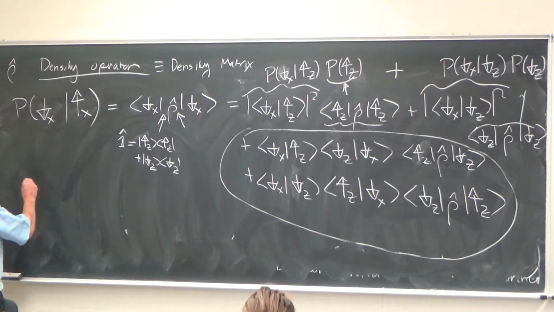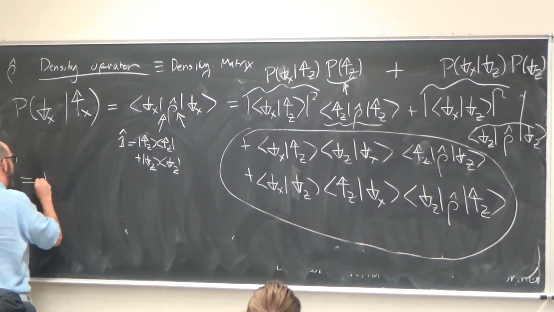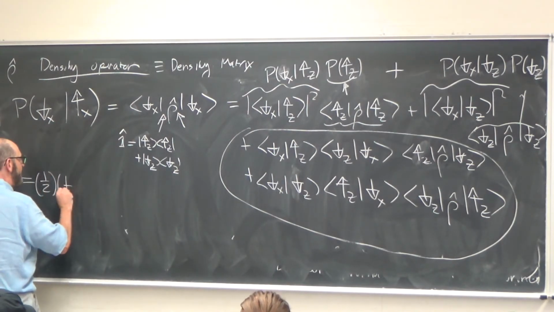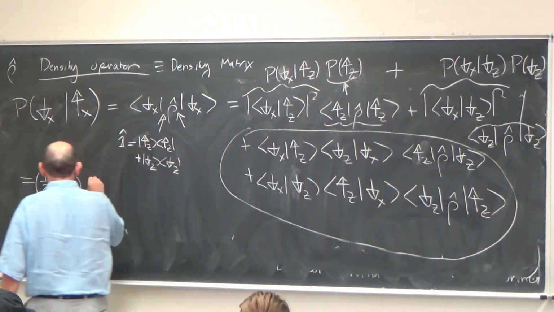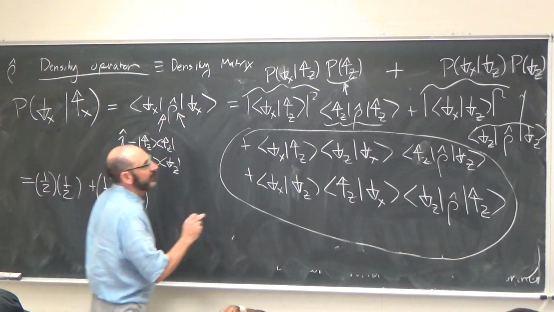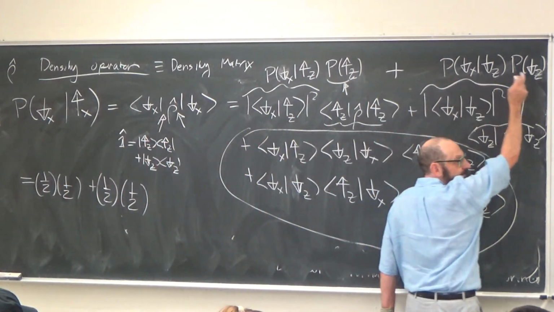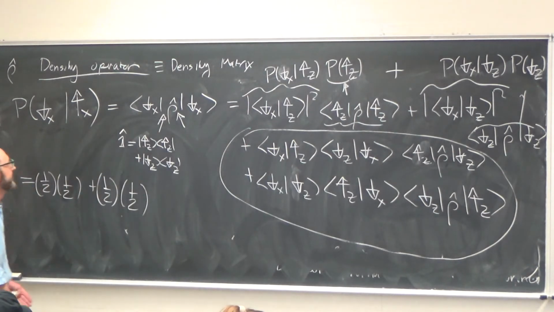And so, when you write all of that out, what I get is a half times a half, that's each of these guys, plus a half times a half, that's each of these guys. So in the absence of quantum interference, this probability would be a half.